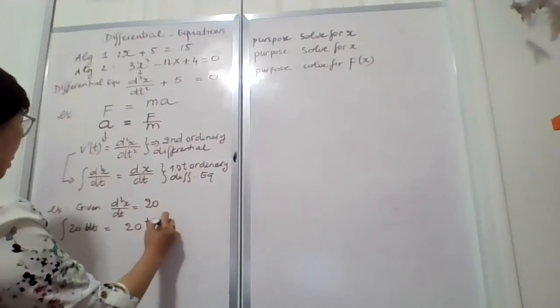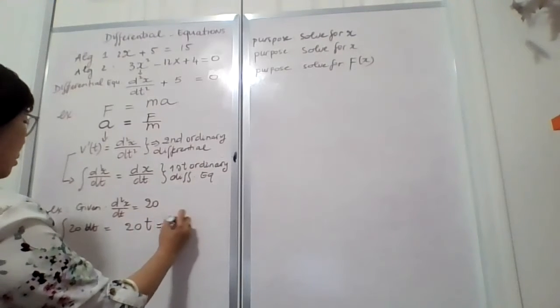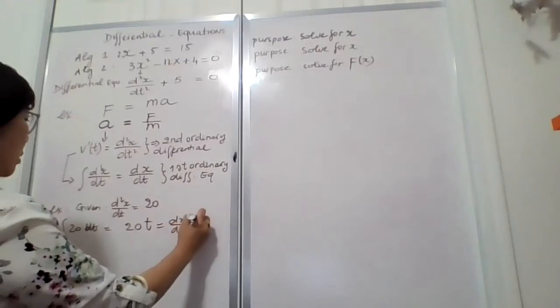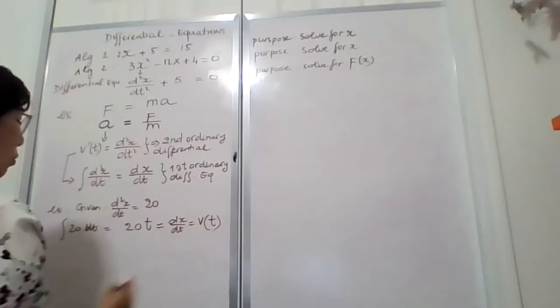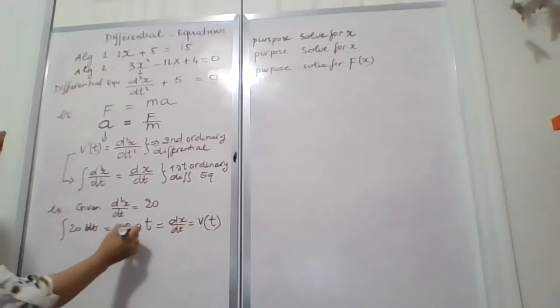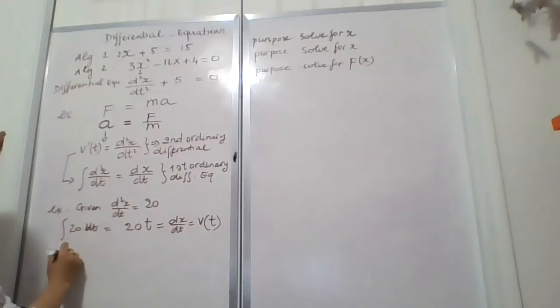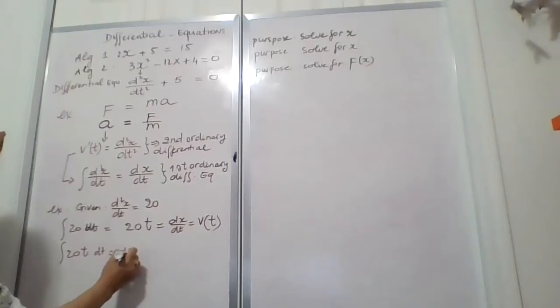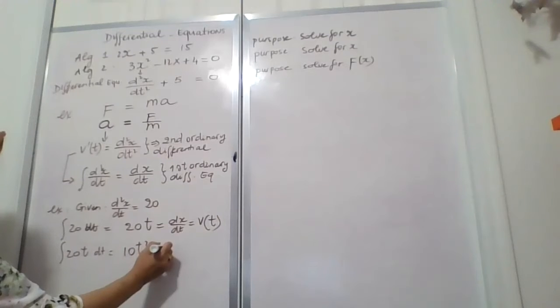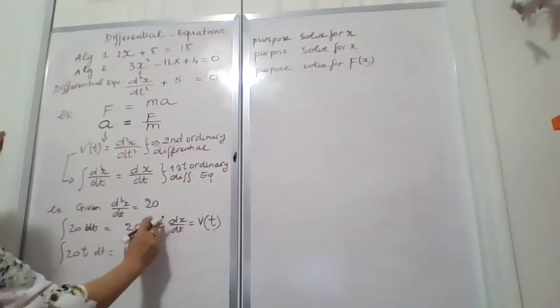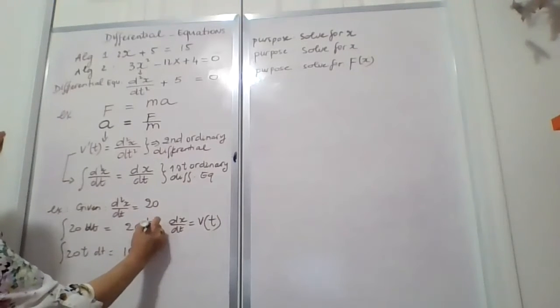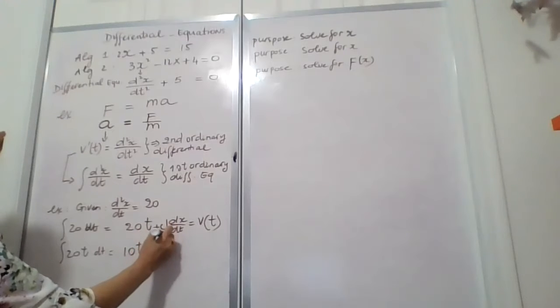And that's equivalent to dx over dt, the same as v of t, velocity, right? Now, if we integrate one more time, 20t, then what do we get? It's the same as the antiderivative, right? So we get 10t squared plus, actually, I forgot, the first one should be 20t plus c, right?